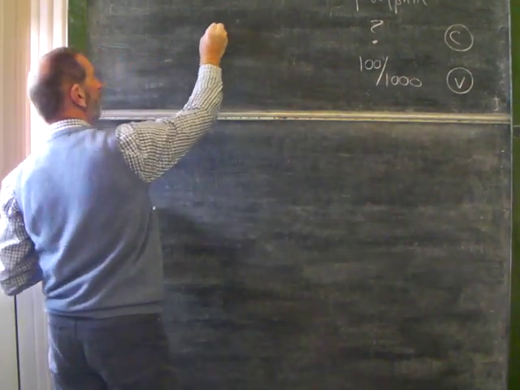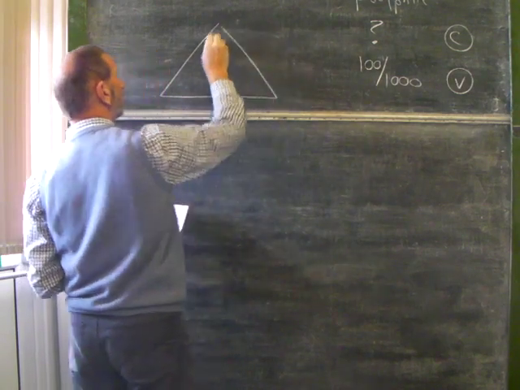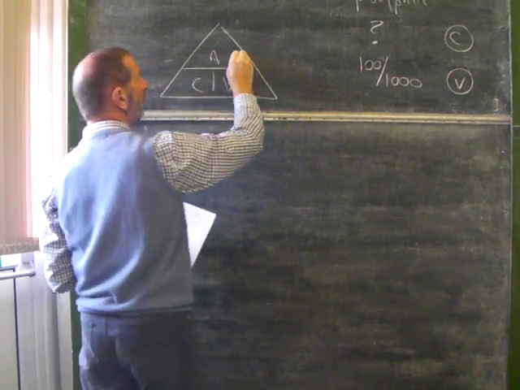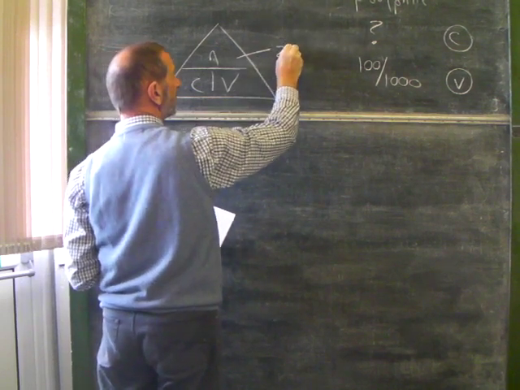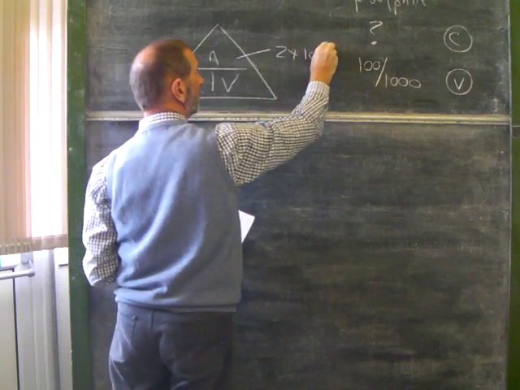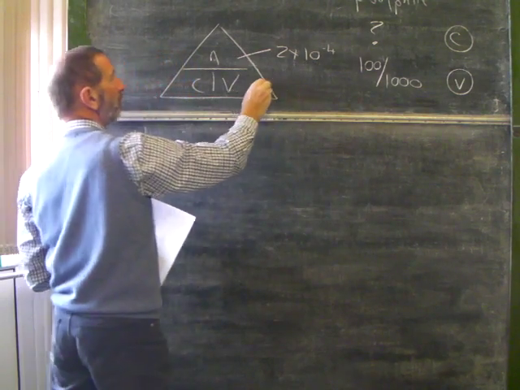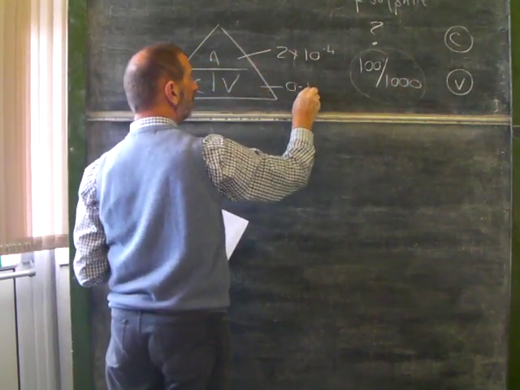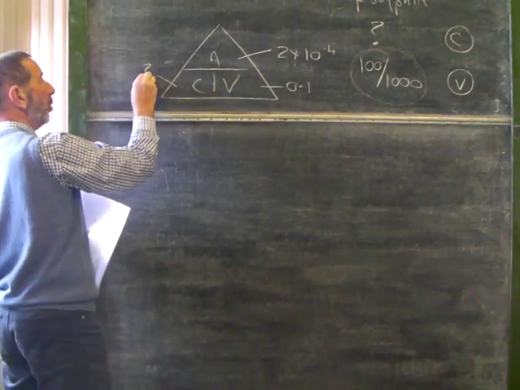So we want to know the concentration. You'll remember this relationship from Standard Grade, n, C, V. The number of moles we've established from the experiment is 2 times 10 to the negative 4. The volume we know is 0.1. The concentration we want to know.